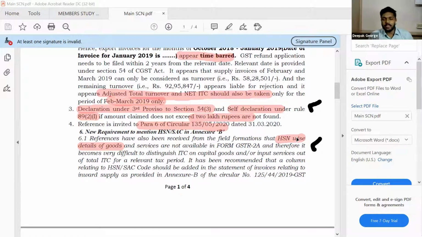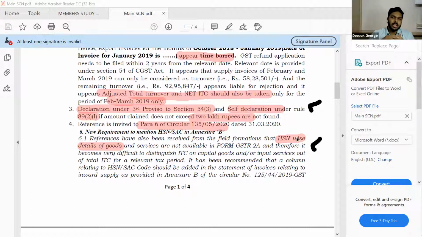And you have to go and find out if the HSN or the SAC code is available for those items, declare that in the statement called Annexure B, which I'll show to you at the end in the next PDF, and then upload it. So the government is saying that they want to identify the HSN code of all these purchases. Why? Because they want to know if it is an input or input service or a capital good.